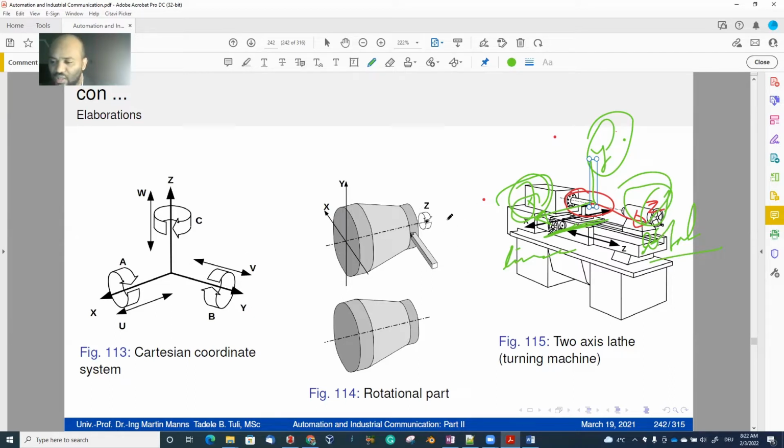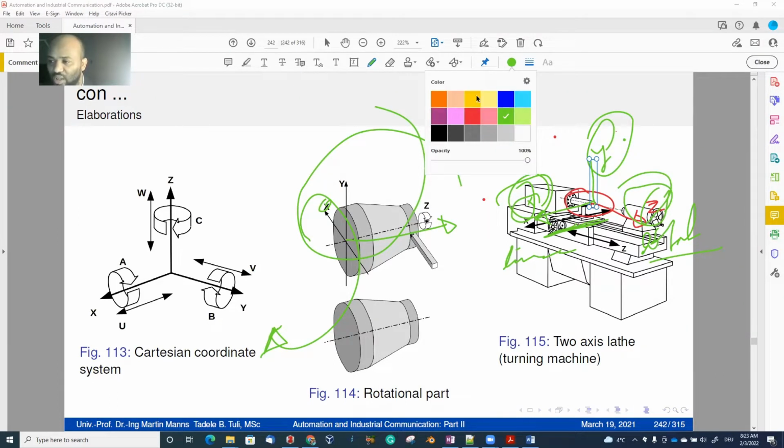For example, look at this example. You have the z-axis, which is along this axis because the object is rotary. Since the object is rotating, you have the z-axis along the axis of rotation. Then the x-axis was represented along the tool axis.